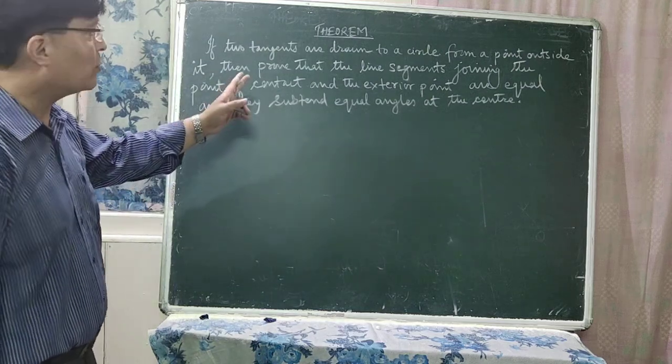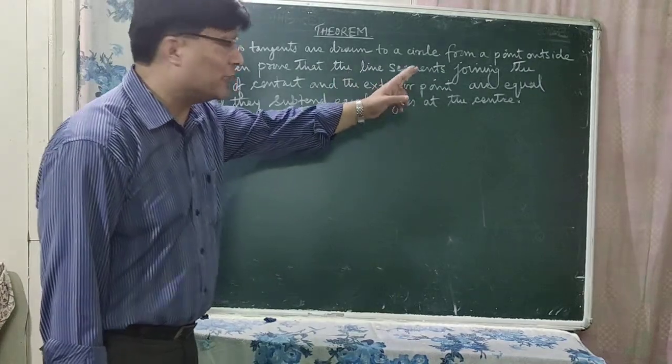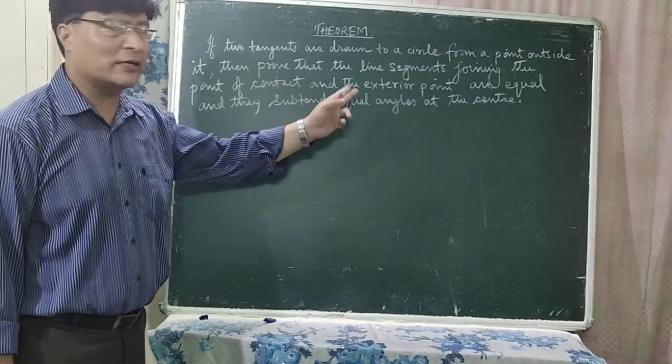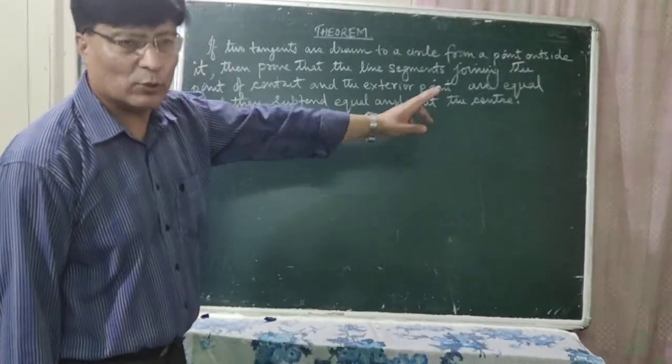Now in this case you have to prove that the line segments joining the point of contact and the exterior point are equal.